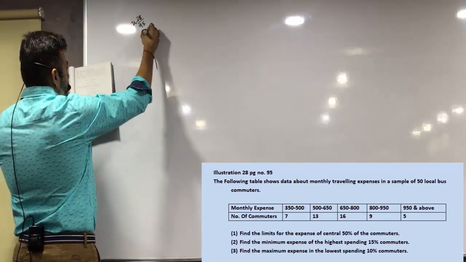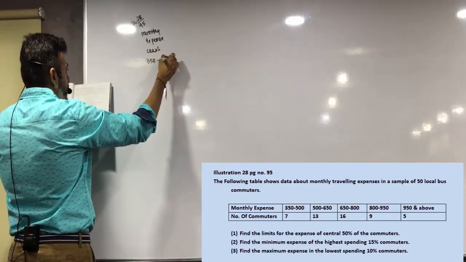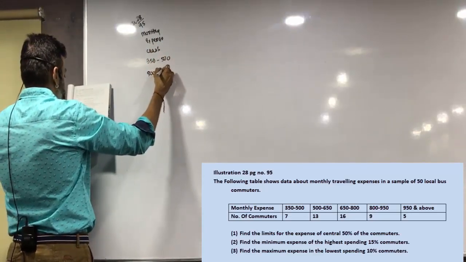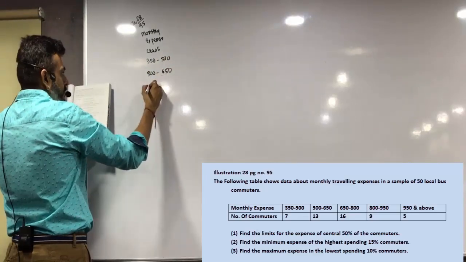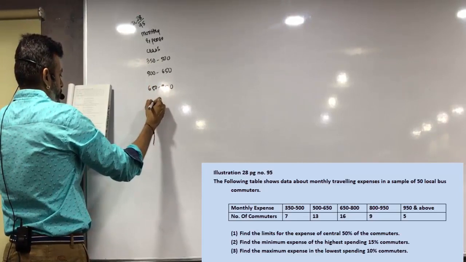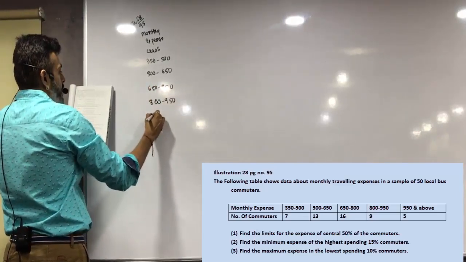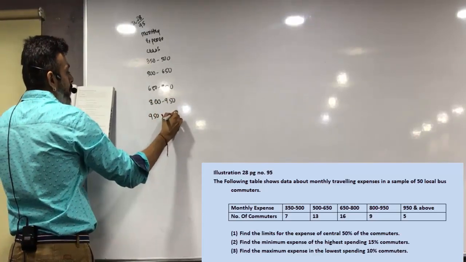Monthly expense is our class: 350 to 500, 500 to 650, 650 to 800, 800 to 950, and 950 and above, an open-ended class.